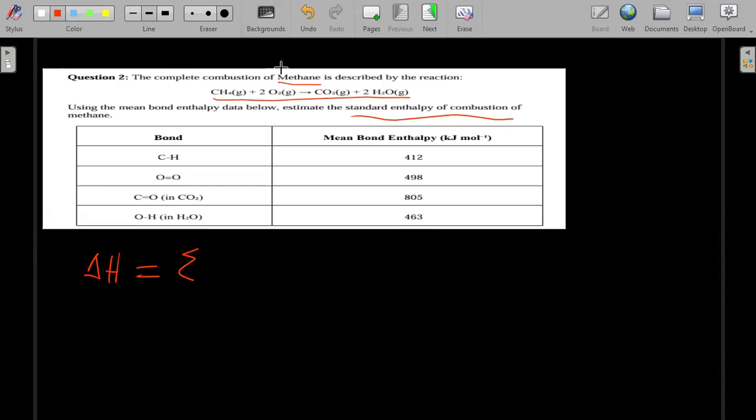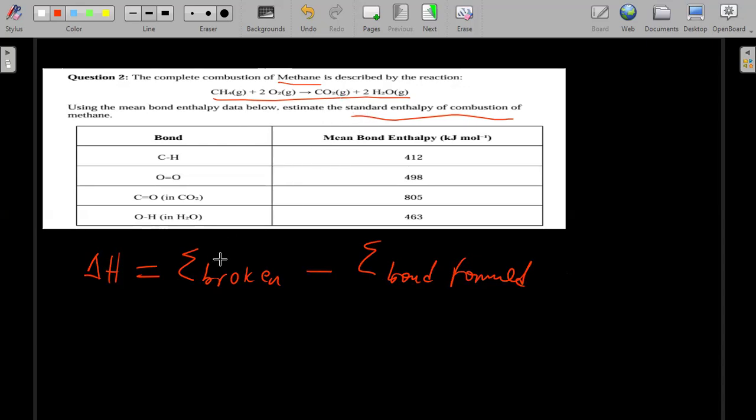The bonds that have been broken are those in the reactants, isn't it? The bonds that are present in the reactants are the bonds that are going to be broken. So you get the summation of the bonds broken minus the summation of the bonds that have been formed. The bonds formed are the bonds present in the products.